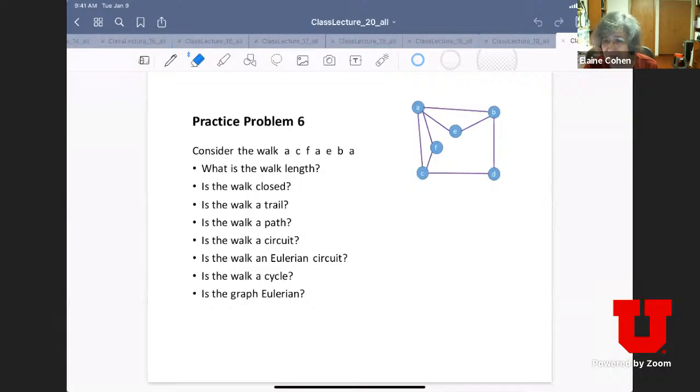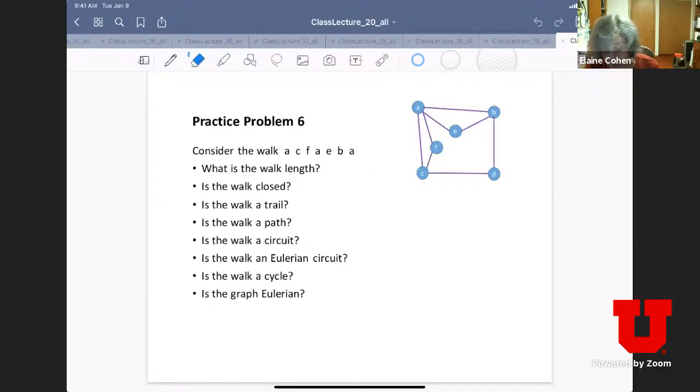Okay. Is the walk a circuit? Yeah, it begins and ends with A and it's a trail.